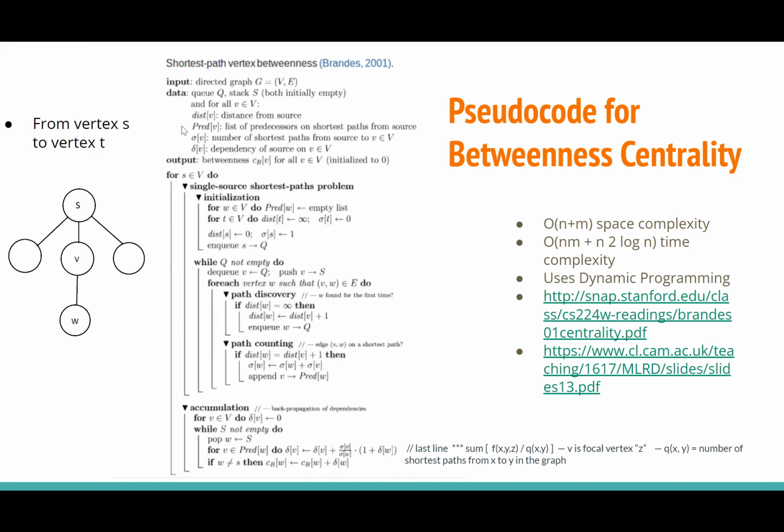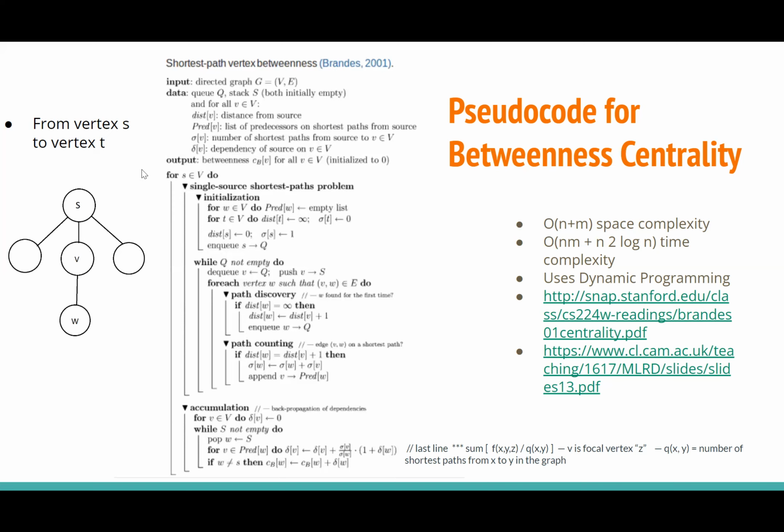Pred of V is a list of predecessors on the shortest path from the source. So the predecessor of this V is S. The predecessor of this W is V. This represents the number of shortest paths from the source to all vertices.